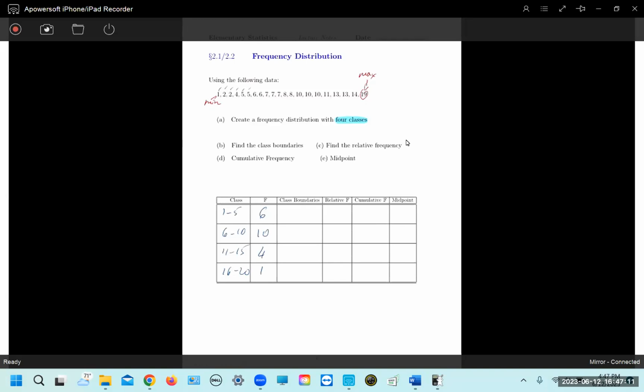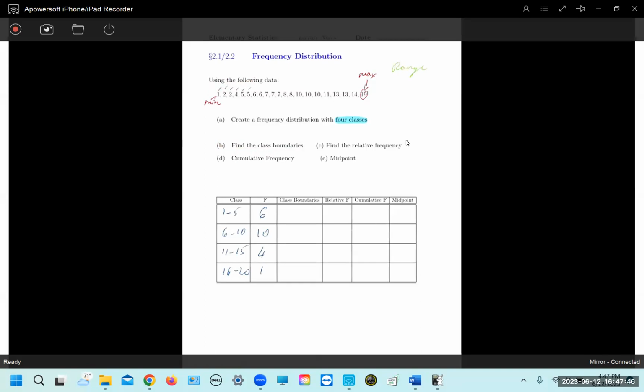So we have to find the frequency for each class, and then we go for the class boundary. First we get the range, because we have the higher and lower values.